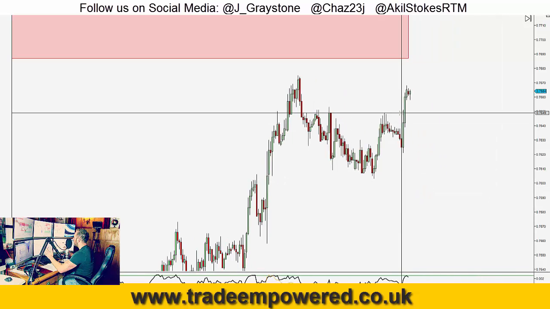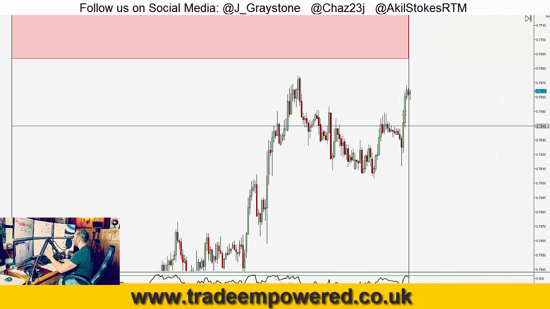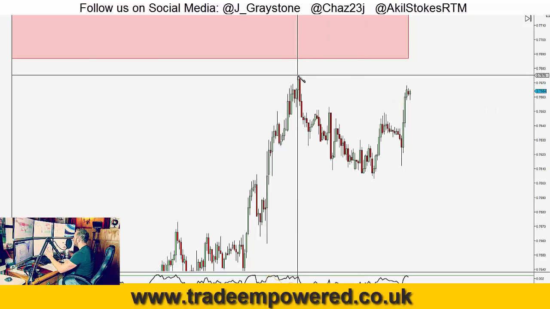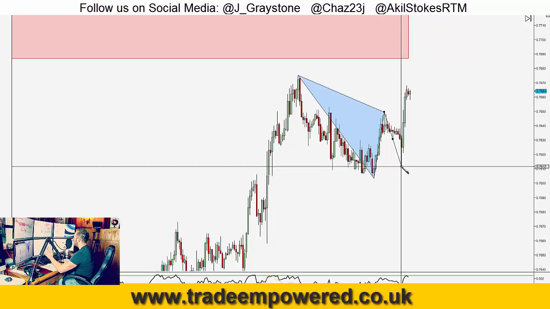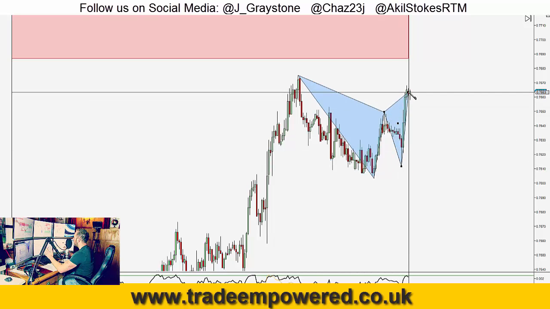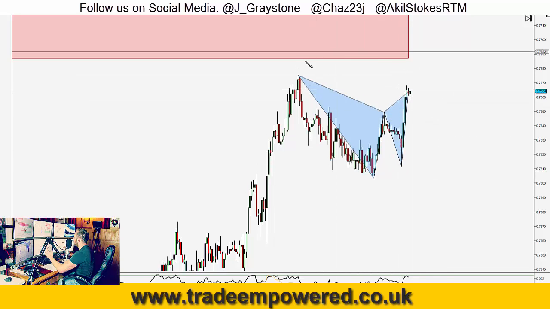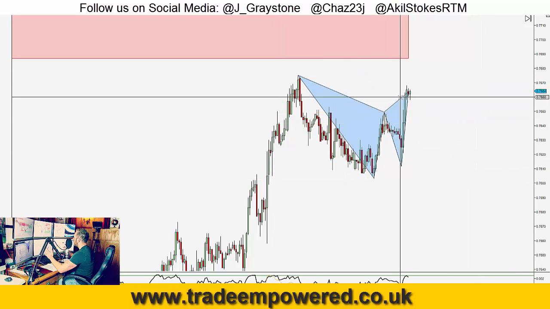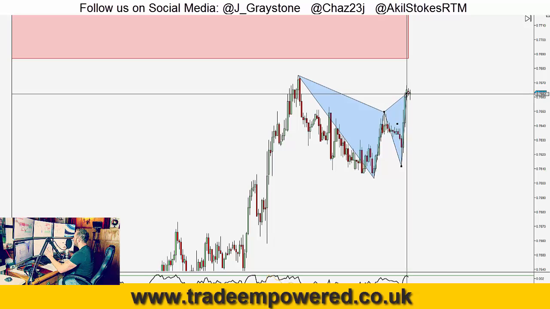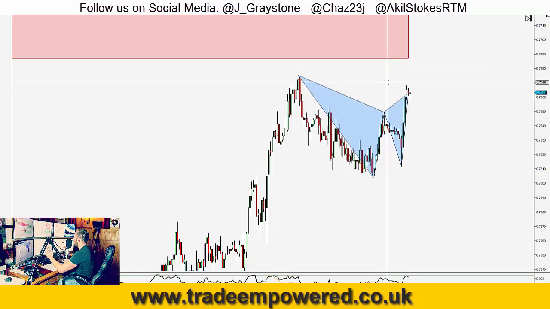Anyone that trades advanced patterns, you're going to see that we've actually got X to A to B, B to C, and a CD completion up here at, let me just bring on the Fibonacci retracement. So we've actually got a Gartley completion up at 76.62.